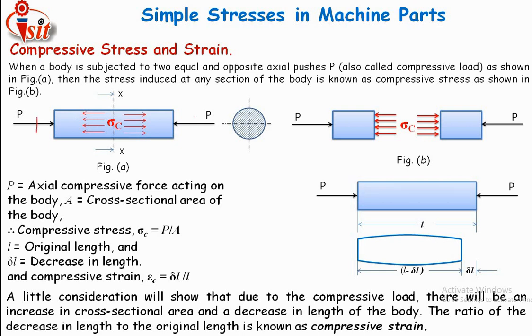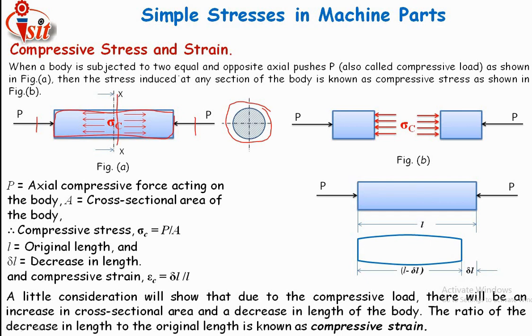This is the push force. Consider this is the member. This is the circular member. This is the cross-sectional area, side view of that member. That is a circle. Now in previous section we have seen tensile load, but this is the push load. Push means towards the axis of the element.